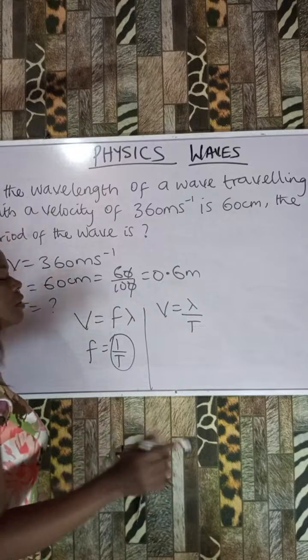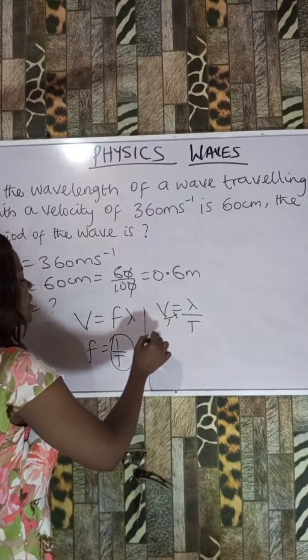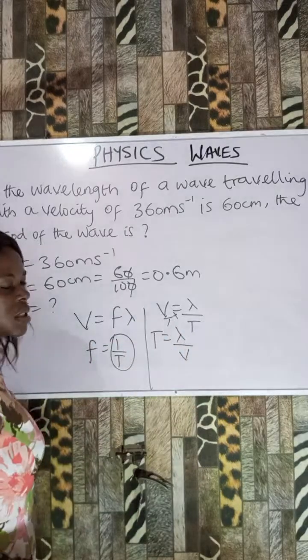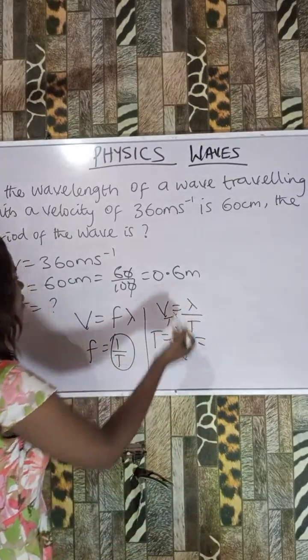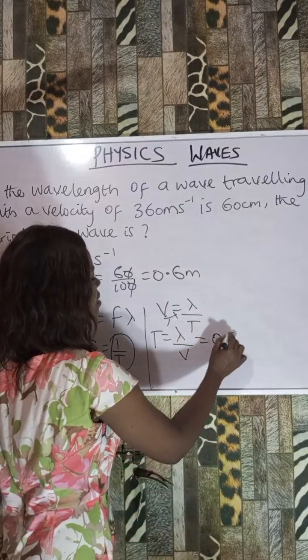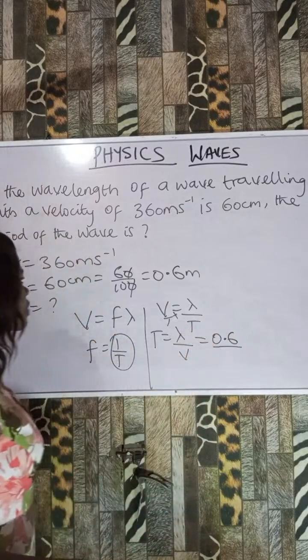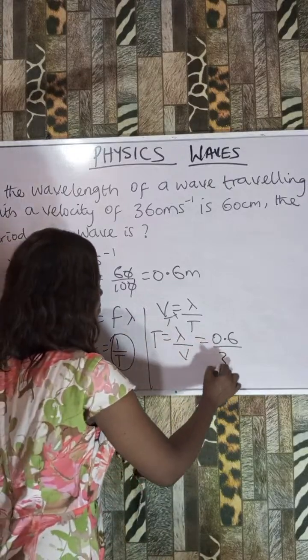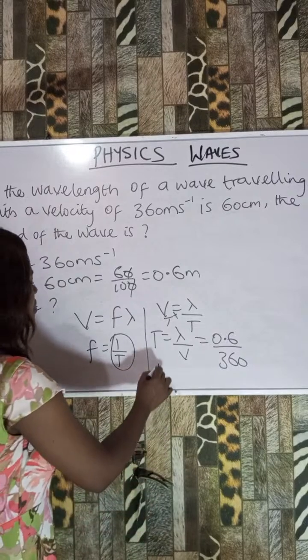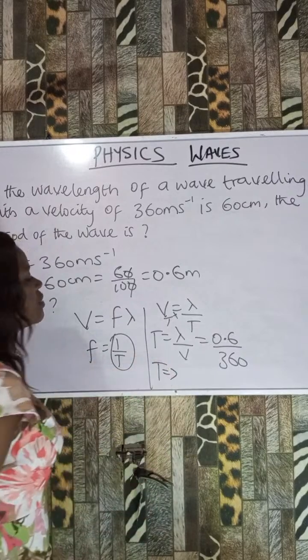Now, we can cross multiply. T is equal to lambda over the speed. Now, what is my lambda? It is given as 0.6 meters. We have 0.6 over my speed, 360, right?